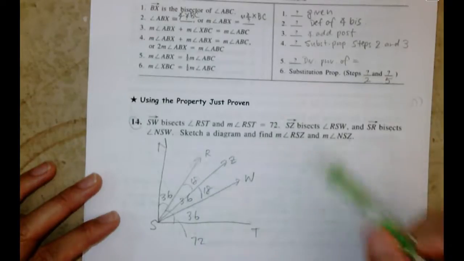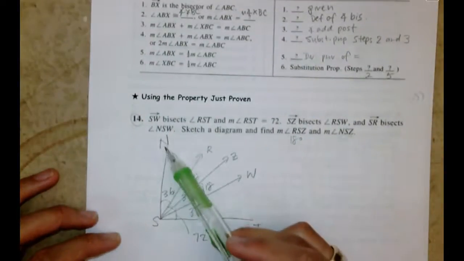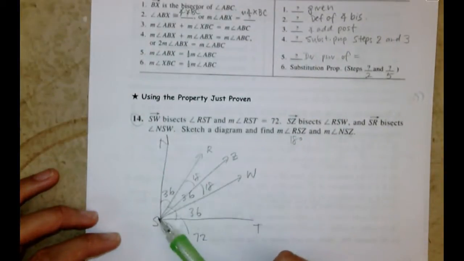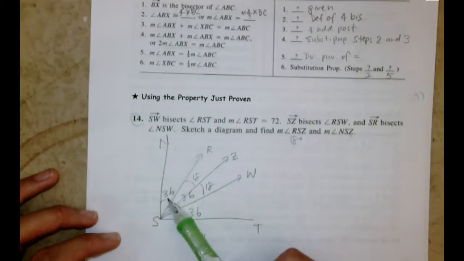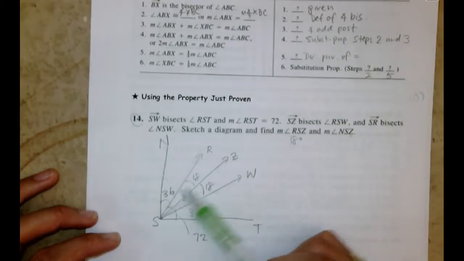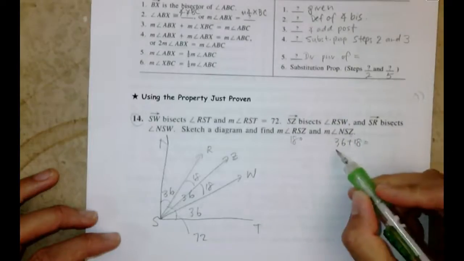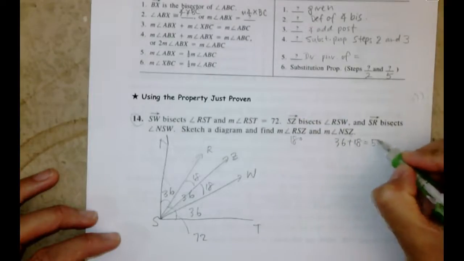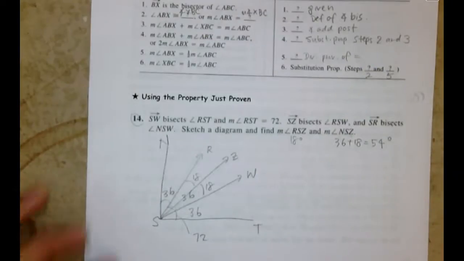RSZ is 18, and measure of angle NSZ would be 36 plus 18, right? 36 plus 18 is 54 degrees. That's okay.